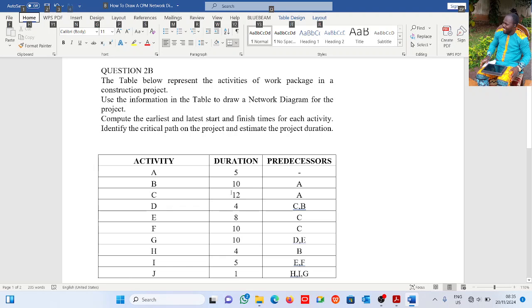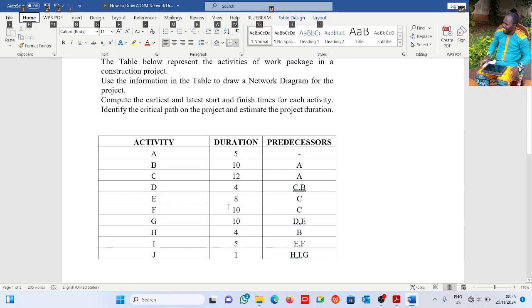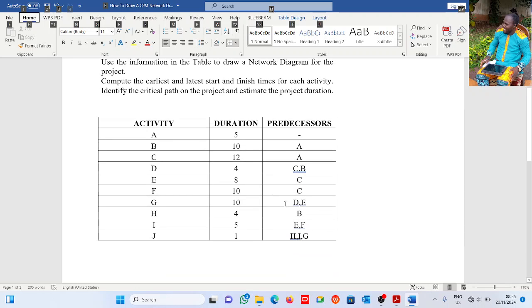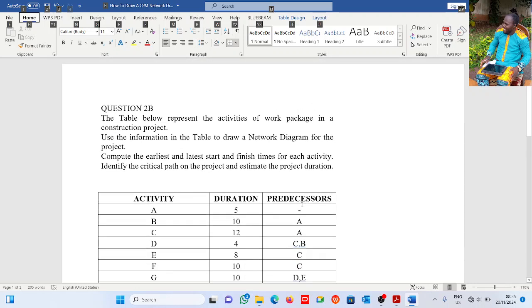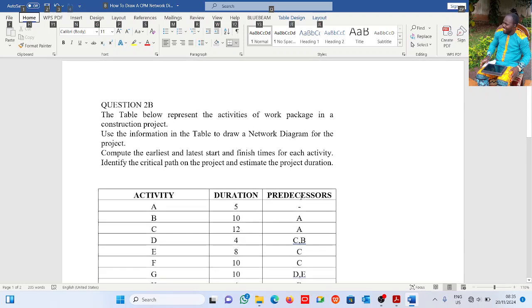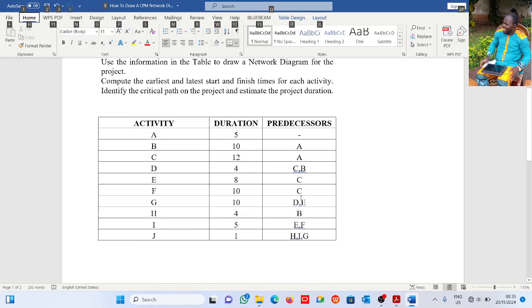PERT uses a probabilistic approach, that's why you have 3 different estimates, while CPM uses a deterministic approach, that's why we have just 1 time estimate. So basically this is how you prepare a network diagram using the critical path method.